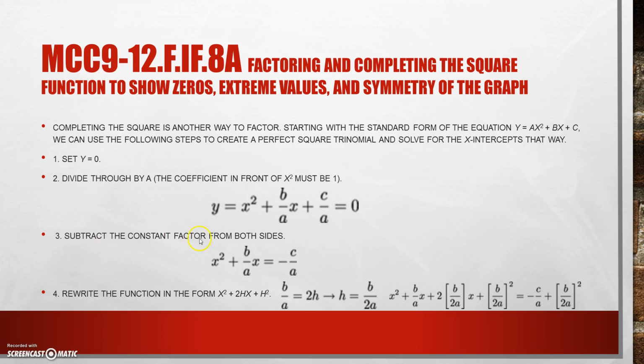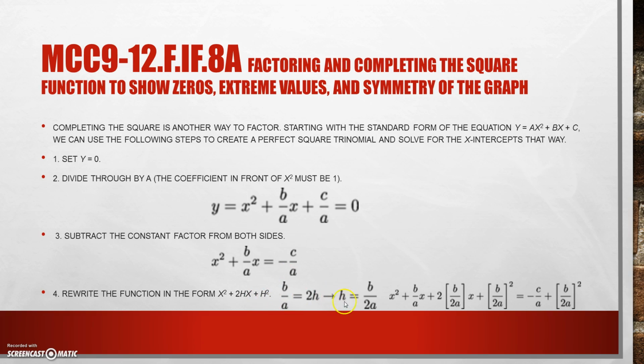Step 3, subtract the constant from both sides. x squared plus b/a x equals negative c/a. Now, number 4, we write the function in the form x squared plus 2hx plus h squared.